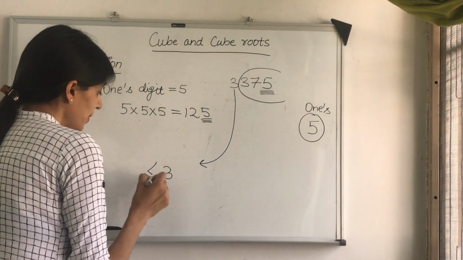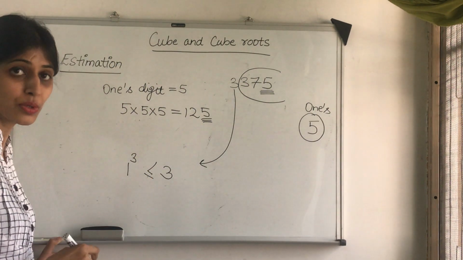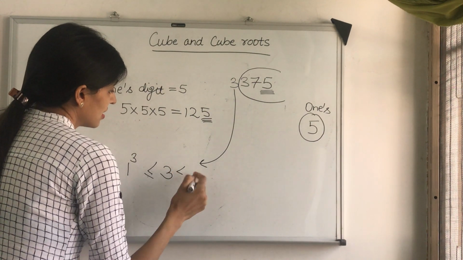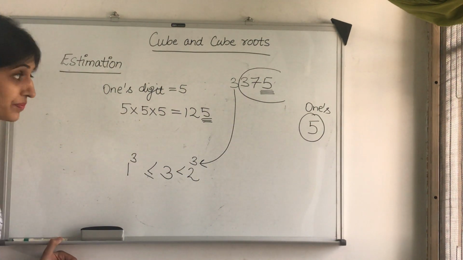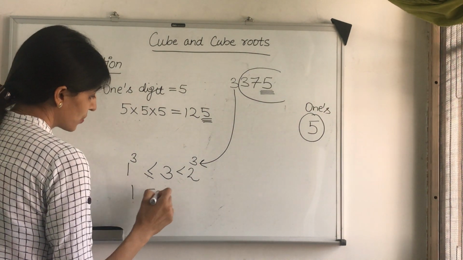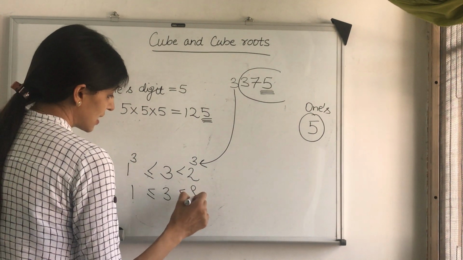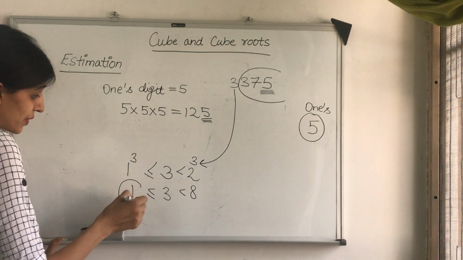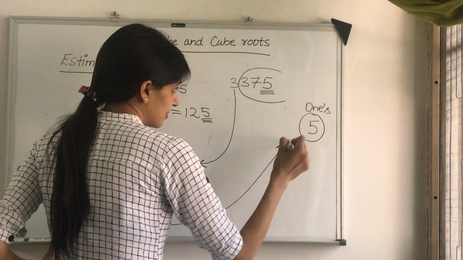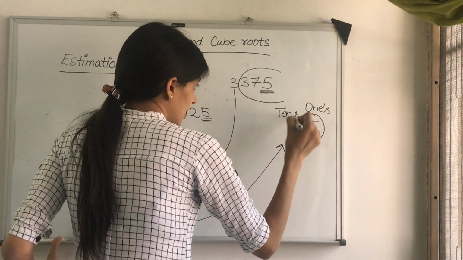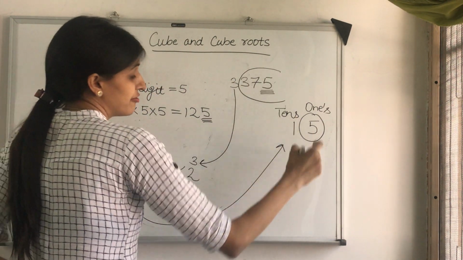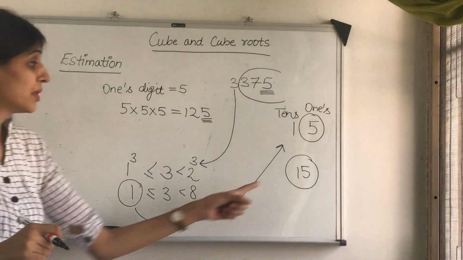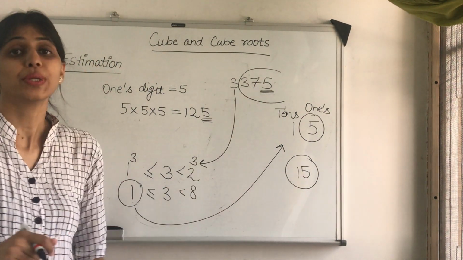We know 1 cube is less than or equal to 3 and 2 cube is greater than 3. 2 2s are 4, 2 4s are 8. So this lies between 1 and 8. This number will be the tens digit. So this is the cube of 15. You can check also. If you multiply 15 three times, you will get 3375.